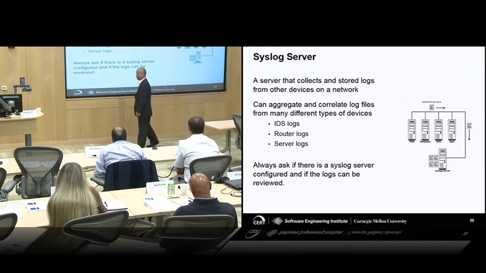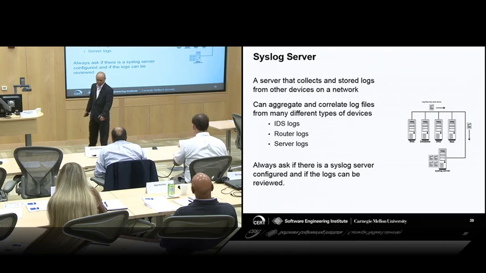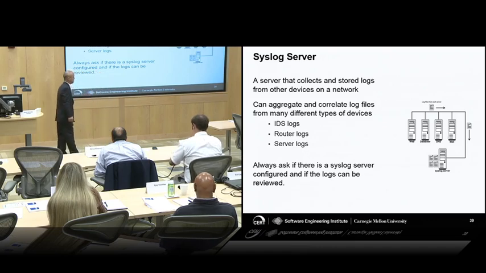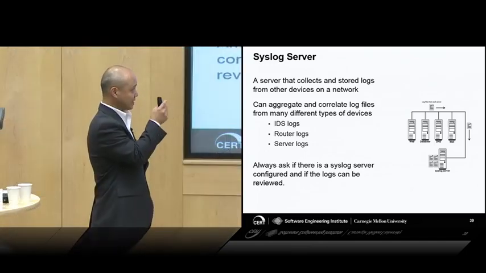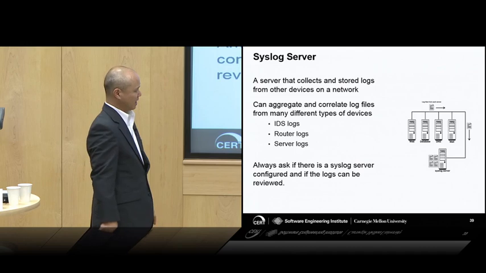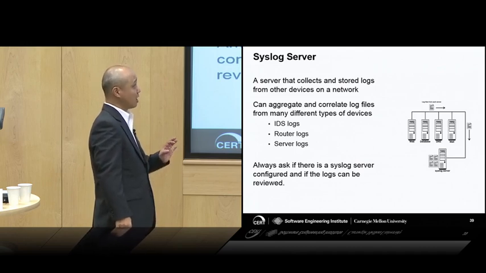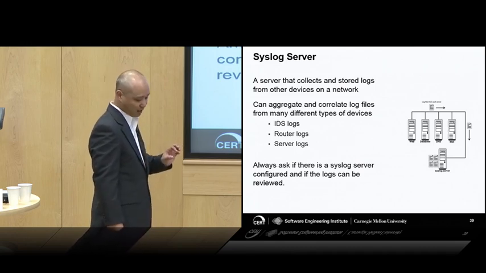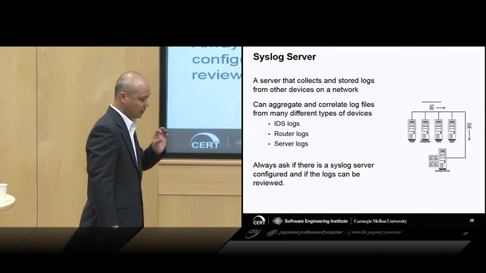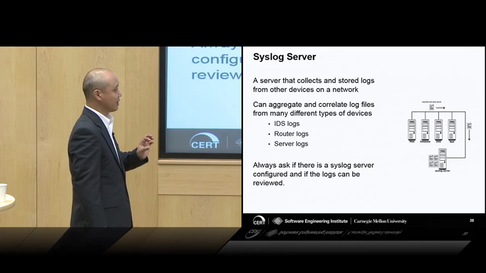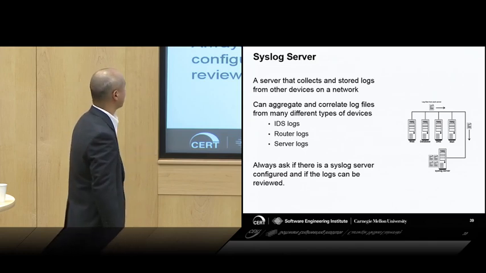And also for the forensic examiner, you can go to one source and find all the information you need. Unless you want the most up-to-date information, which is generally still carried on the individual boxes. If they have a certain amount of logs on board, you can catch the freshest logs on the actual individual machines. Otherwise, you'll go to that syslog server.